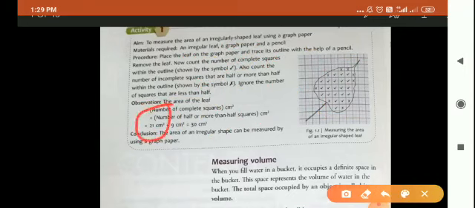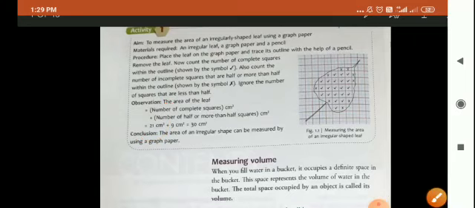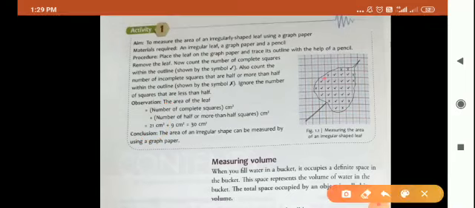You can count it later on, children, individually from your study material which has been provided to you. And what is the number of half or more than half squares lying here? How many squares? 1, 2, 3, 4, 5, 6, 7, 8 and 9.